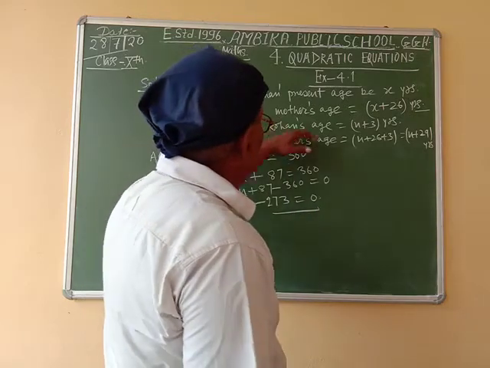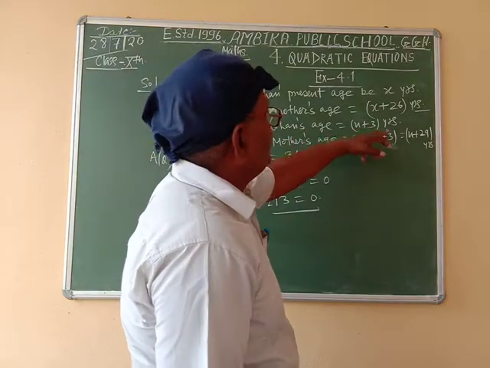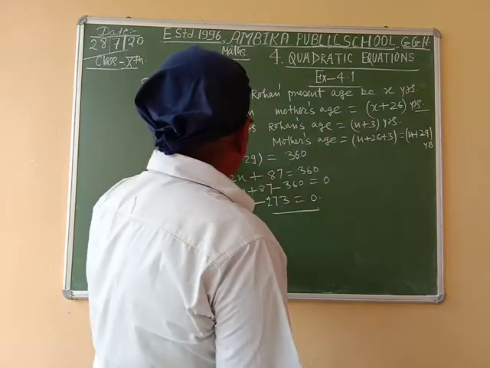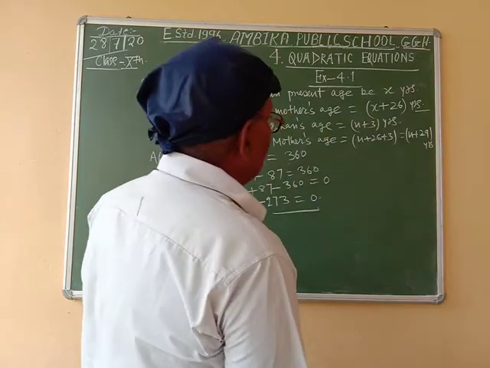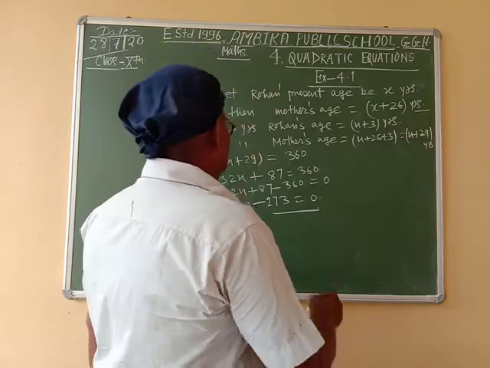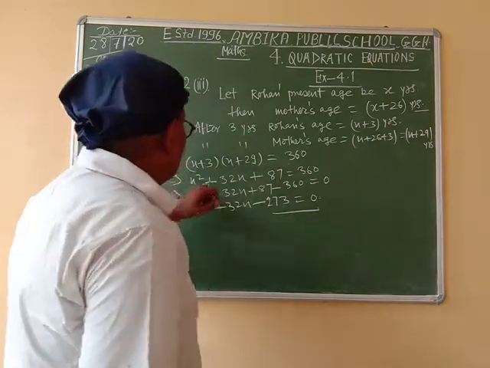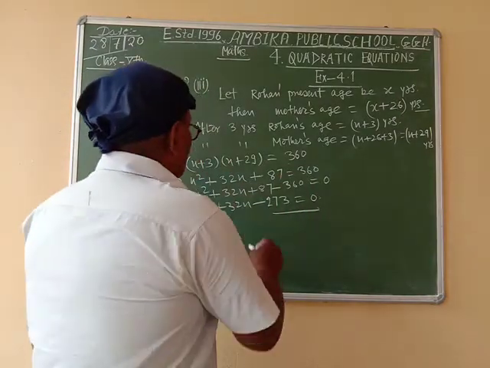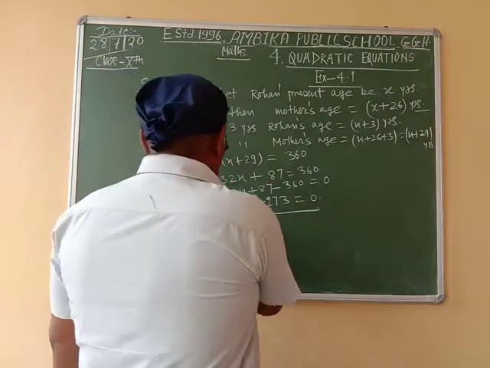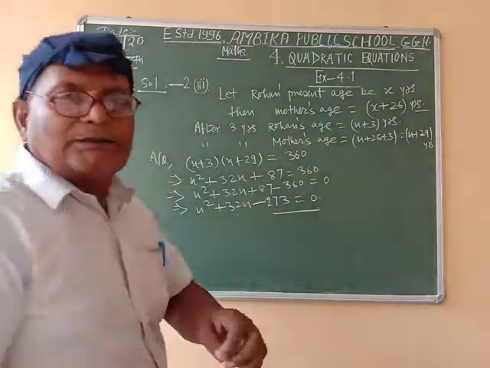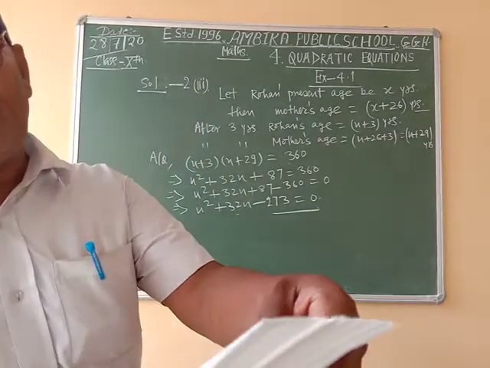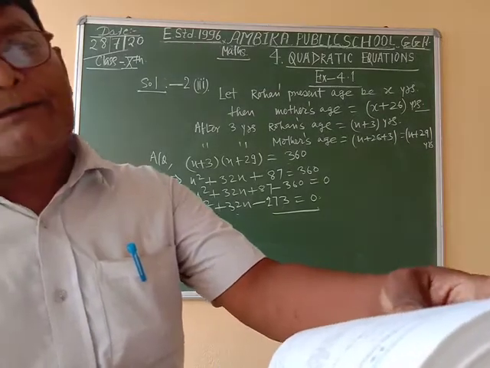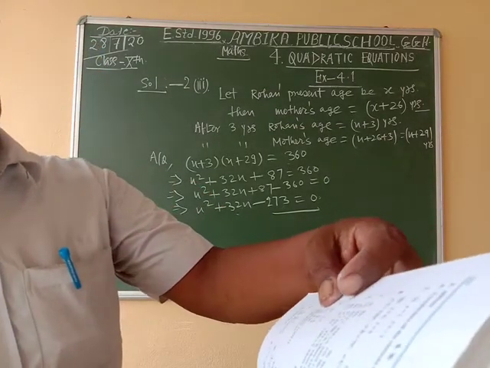After 3 years, Rohan's age will be x plus 3 years, and mother's age will be x plus 29 years. Then x plus 3 into x plus 29 is equal to 360. Multiplying, we have x square plus 32x minus 273 is equal to 0. So this is the equation from the given condition.